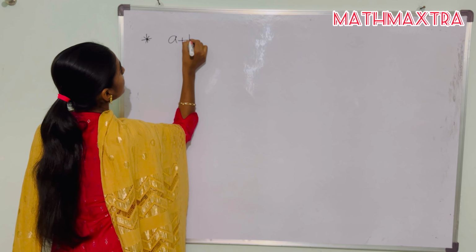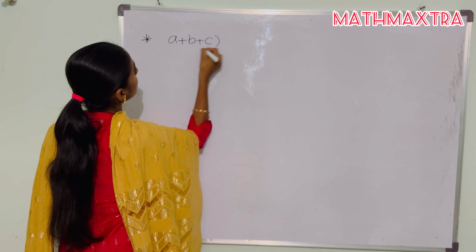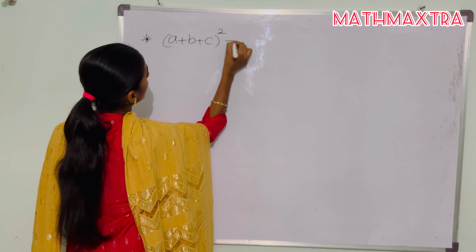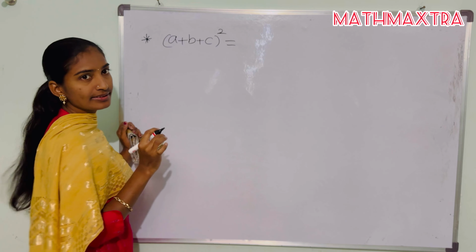Our next identity is (a plus b plus c) whole square. How can you calculate this? We know the (a plus b) whole square format. So we can write these 3 terms as 2 terms. Let us consider this a plus b as 1 term and this c as 1 term. Now, which is like (a plus b) whole square, right?